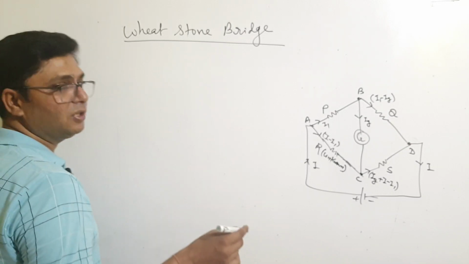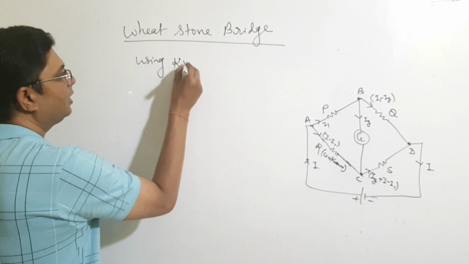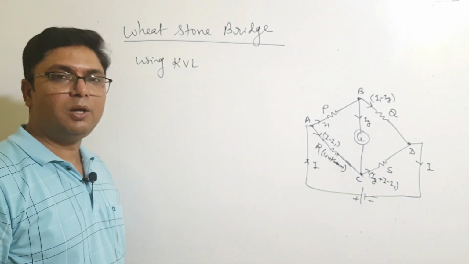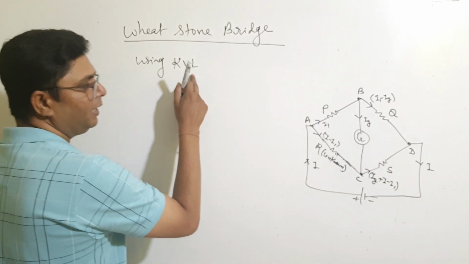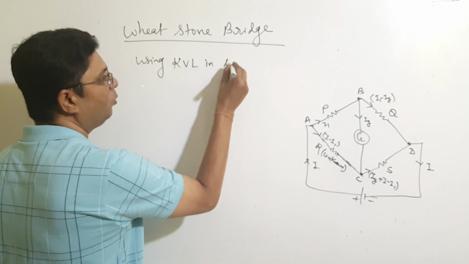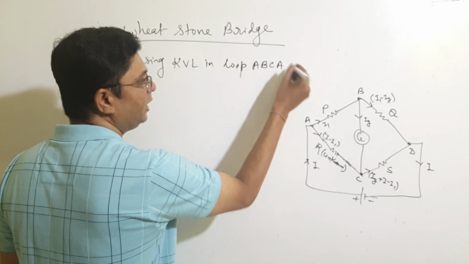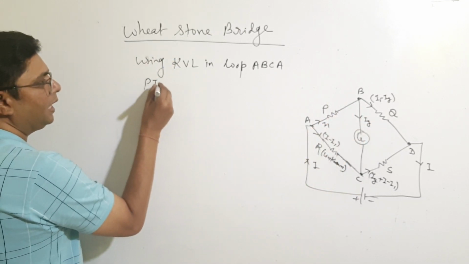For that we first use Kirchhoff's law, using KVL, because Kirchhoff's law is the principle on which the Wheatstone bridge works. Using KVL in loop A, B, C, A: when you move from A to B, you have P I1.